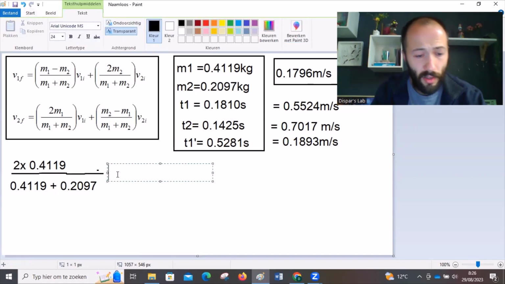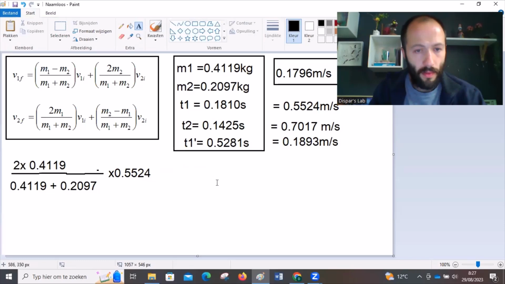Bear with me, I'm just showing you step by step. Then plus this term, but since the initial velocity of mass 2 was 0, this whole thing becomes 0, so we can skip it and just look at this one.